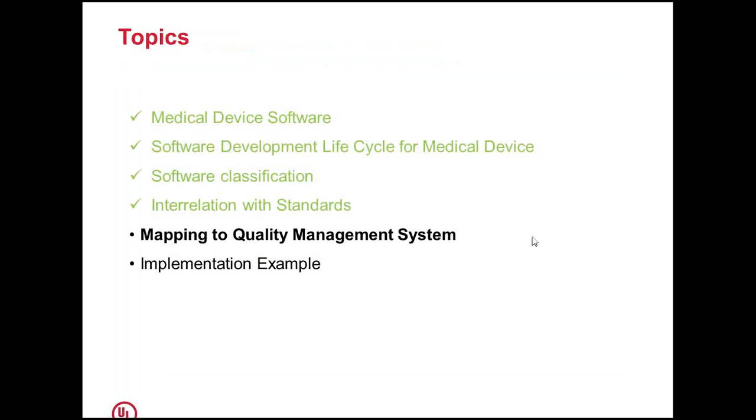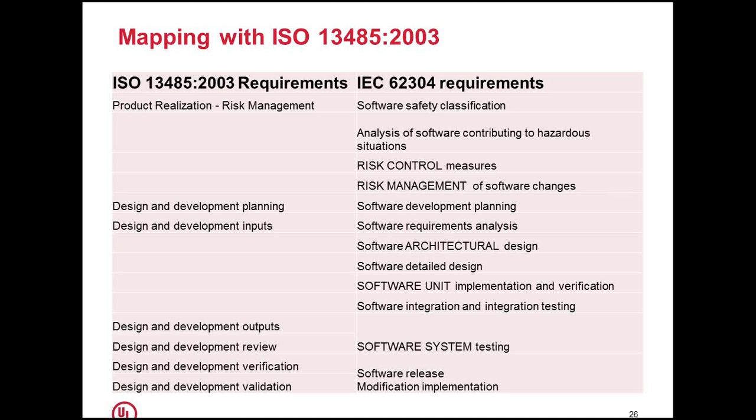Now let us look into how to map these requirements into the quality management system. In the quality management system, we saw that product realization is one of the key processes in the process approach diagram. During product realization, having risk management as per 14971 is also a critical requirement in 13485.